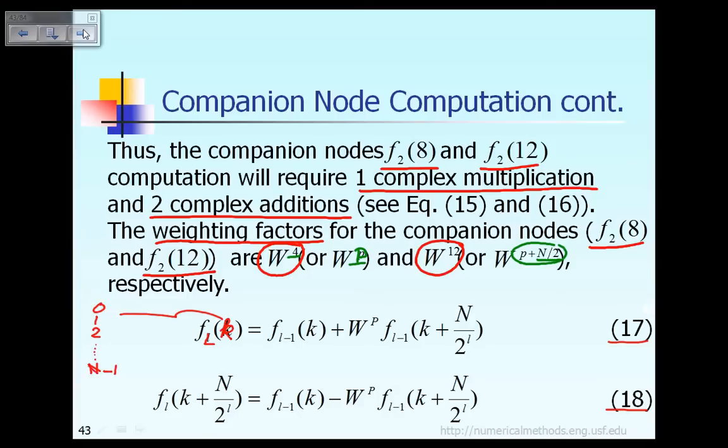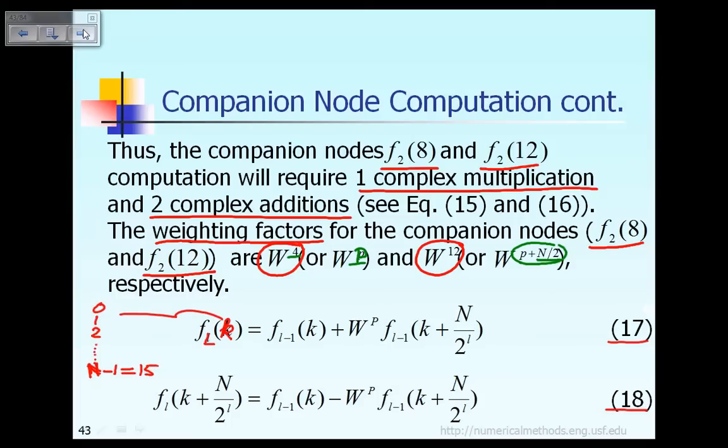N minus 1. So, for example, when N equals 16, the index k can go from 0, 1, 2, up to 15. So computation of the vector FL will involve 16 components represented by the index k going from 0 to 15.